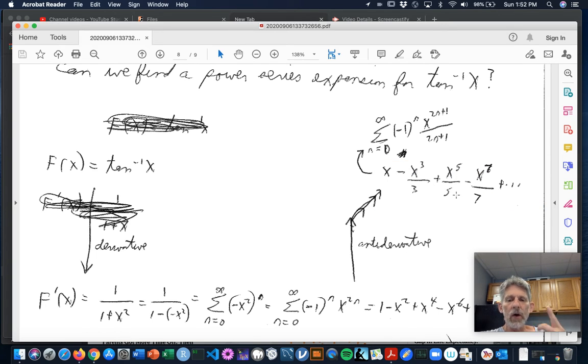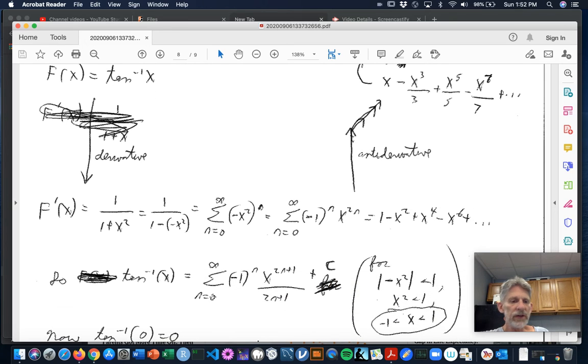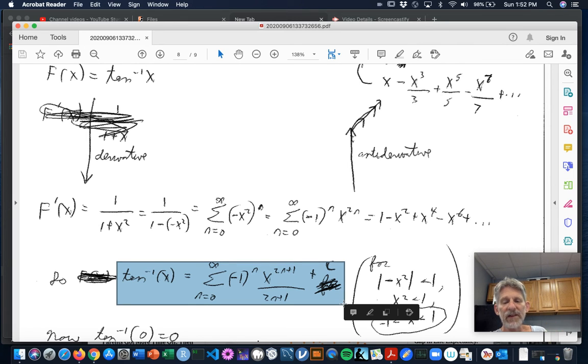Because actually all we know for sure is that tangent inverse of x is one of the antiderivatives of this function here. So really, I should say to myself, tangent inverse of x is equal to that power series plus some arbitrary constant that I need to figure out.